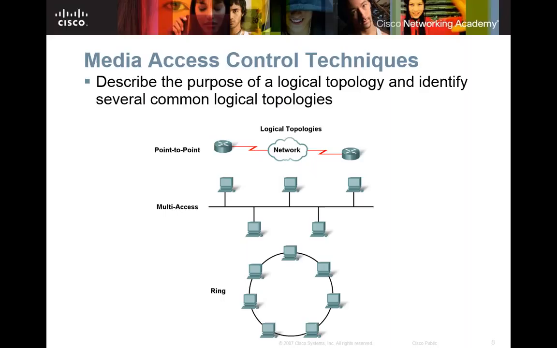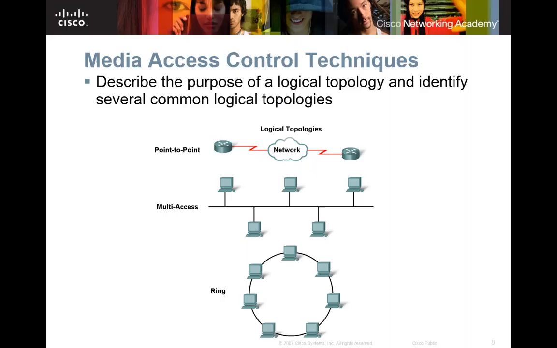Well, we have some common logical topologies. Point-to-point, you've seen it so far in your routing packet tracers, your WAN connections. Those are point-to-points. That means it has point A, point B. You have two IP addresses, one on one side, one on the other, and that's it to connect those routers. That's a point-to-point WAN link.